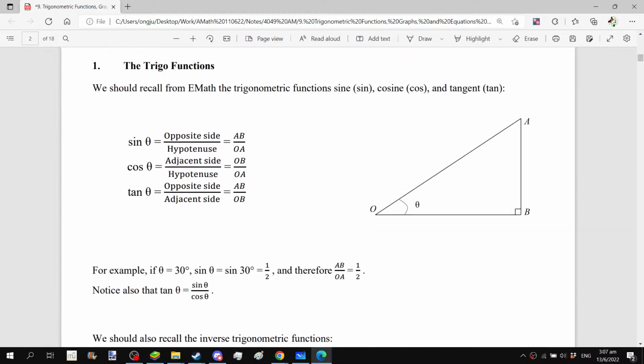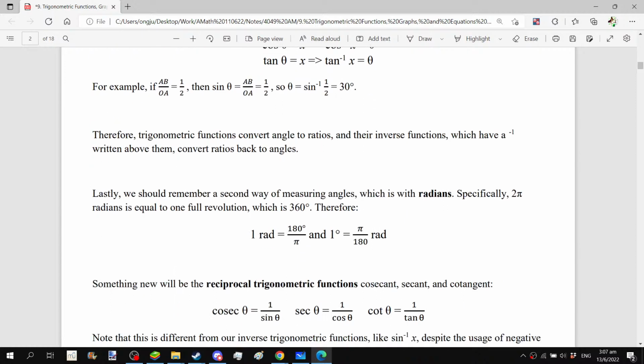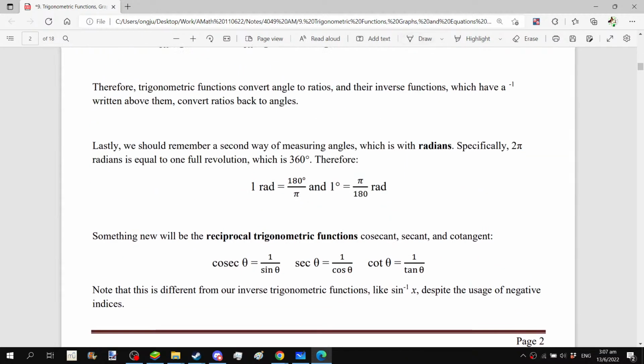First of all, I want to just say this first page of content over here purely is your E-math content, so I don't really have a lot to say over here. I want to draw particular attention to the conversion between radians and degrees as a measure of angles, because we will be using both in A-math quite frequently.